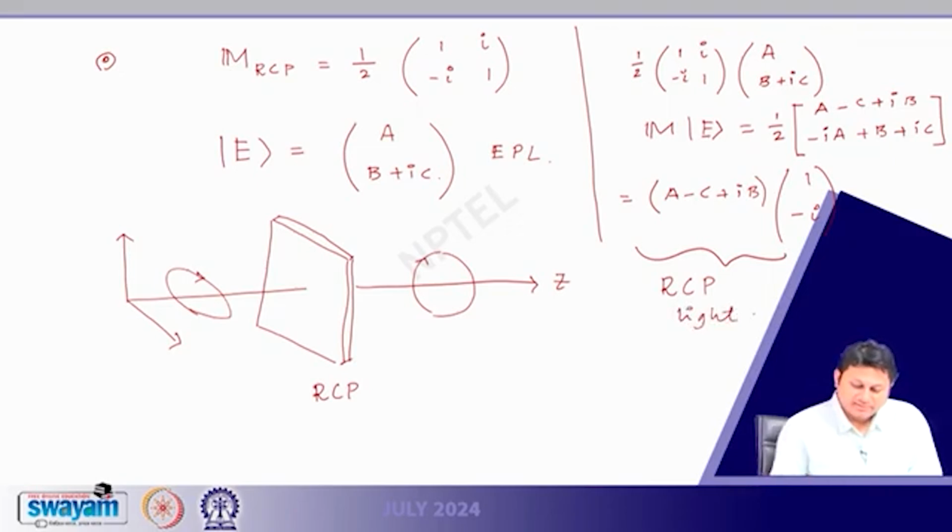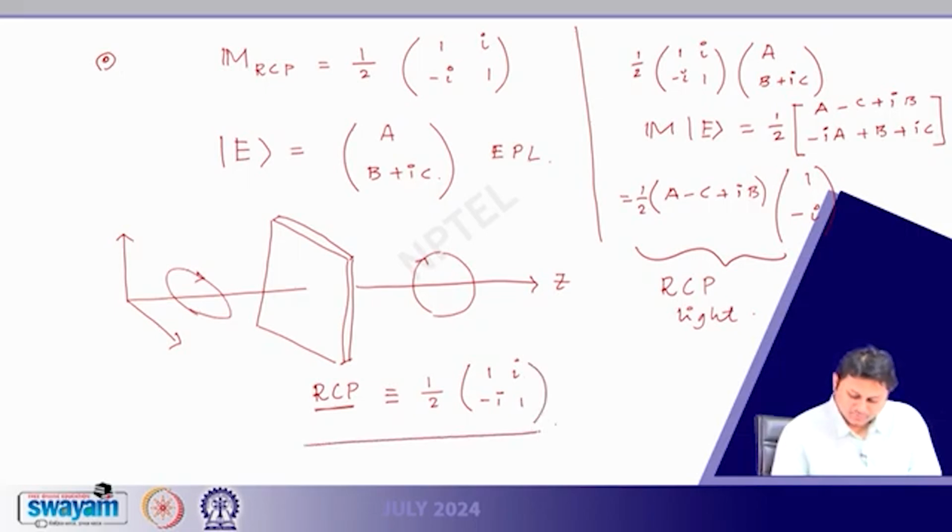So, that tells us that our right circular polarizer can be defined by a matrix with this particular form. Obviously, half will be there, half [1 I; minus I 1]. So, this is the way the right circularly polarized light can be generated by using a system which can polarize the light in the right circular direction.